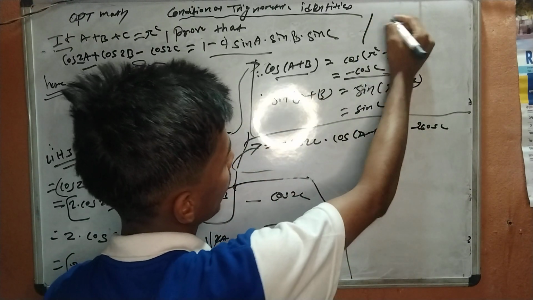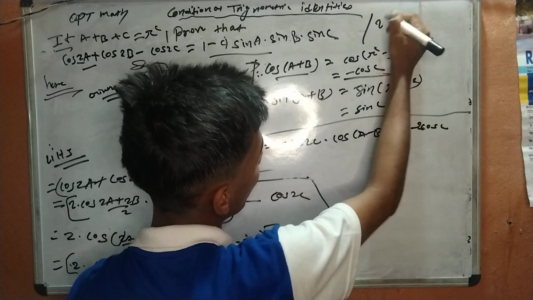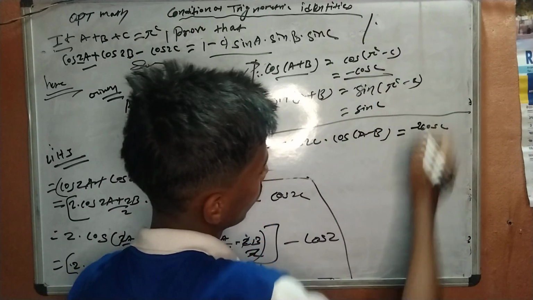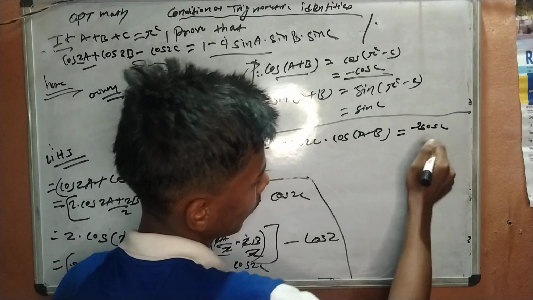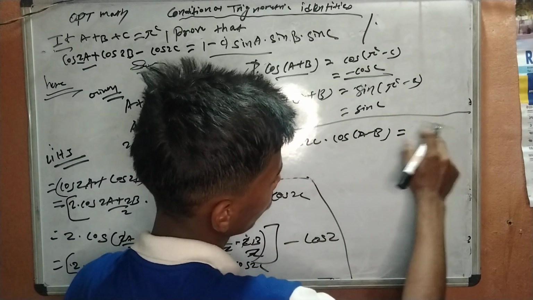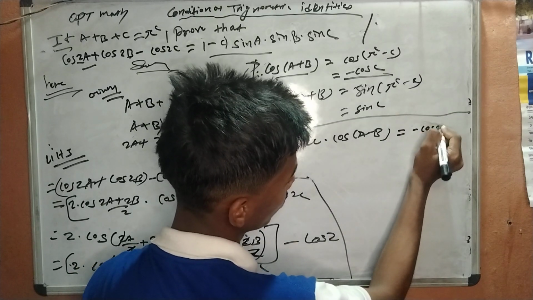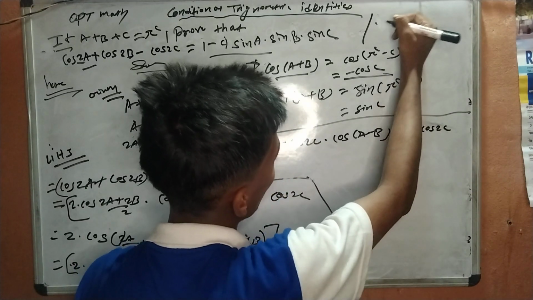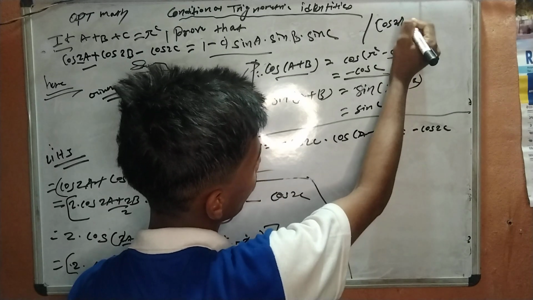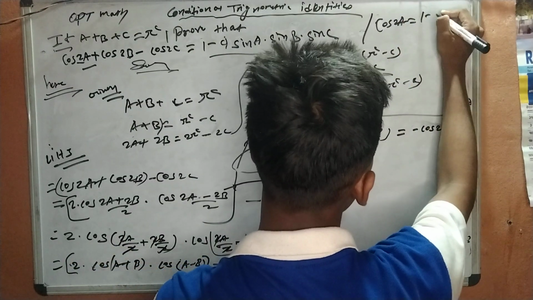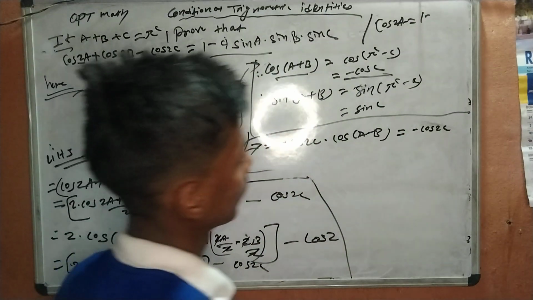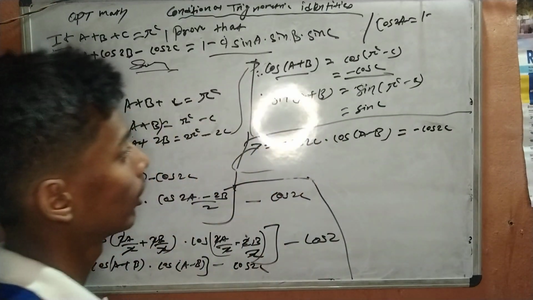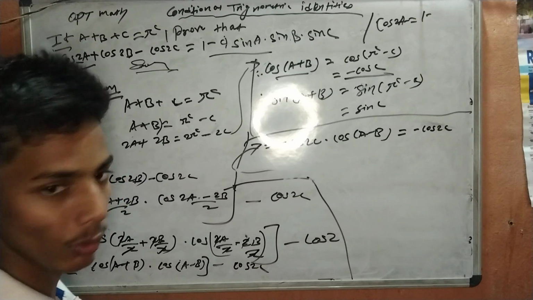So I am going to write this formula, cos 2c. Whether it is here or there doesn't matter, so I will just simply write minus cos 2c. Have you learned the cos 2a formulas: 1 minus 2 sin square a, and 2 cos square a minus 1?